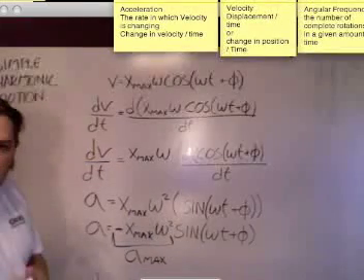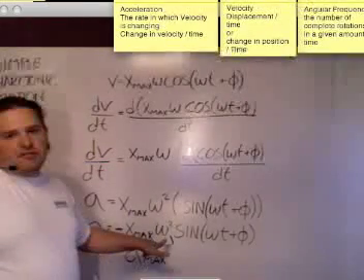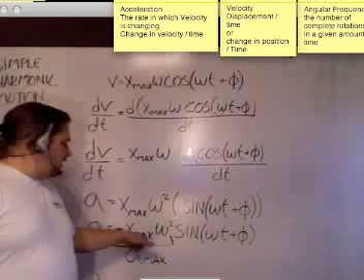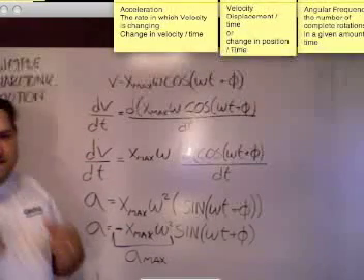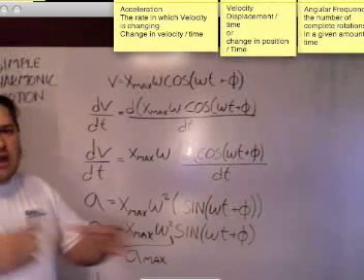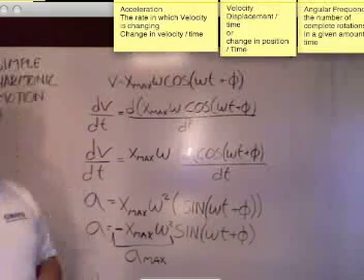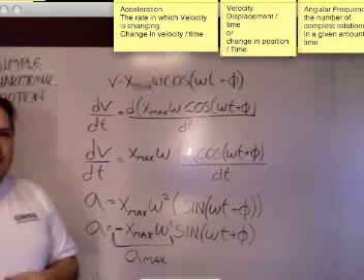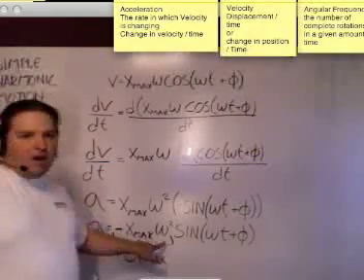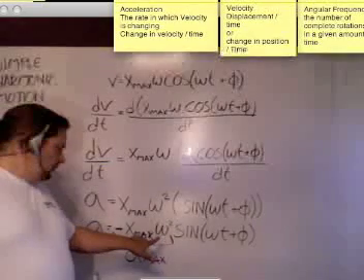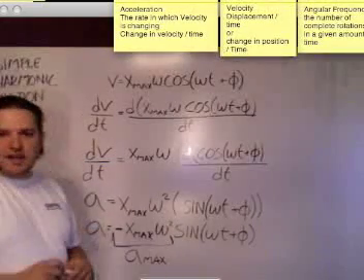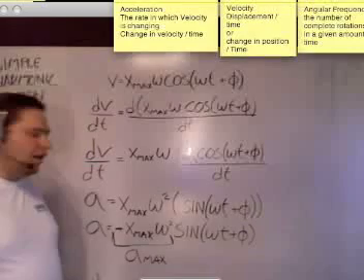Okay, there we go. That's the maximum acceleration, this x max times omega squared. That's the maximum change in its velocity that the object is going to have. So the maximum change in that velocity is at this value right here. Really kind of cool. It just kind of falls out like that over and over again.